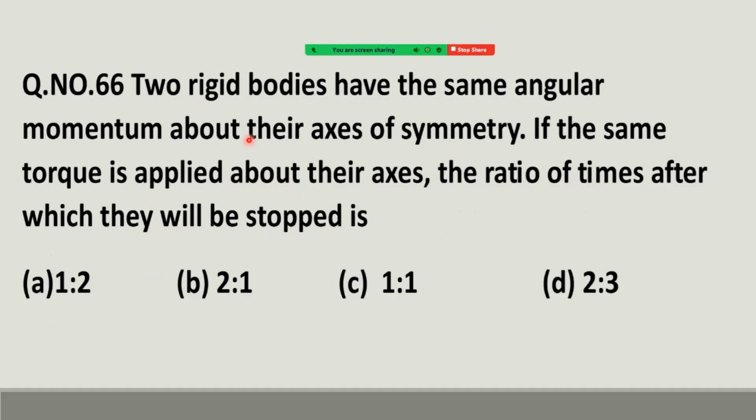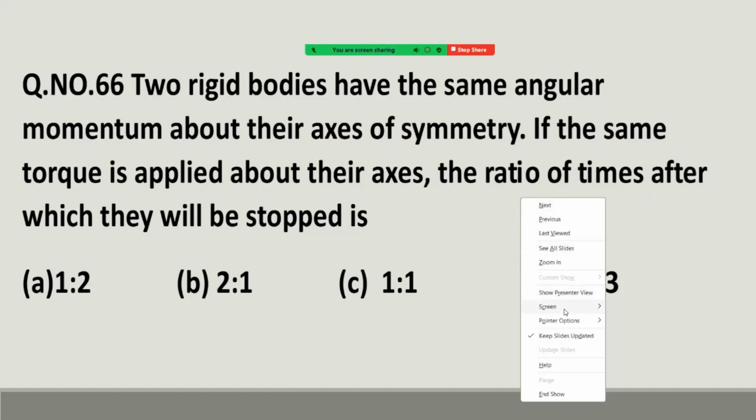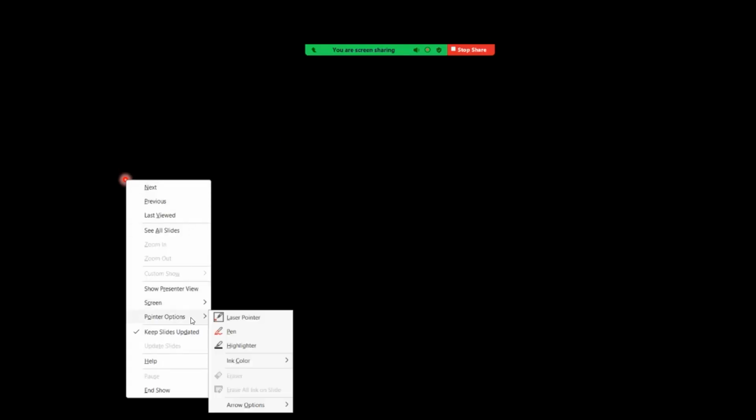So what is it saying here? Two rigid bodies have same angular momentum about their axis of symmetry. Same torque is applied. Ratio of times after which they will be stopped, ratio of times we have to calculate. Let us see.